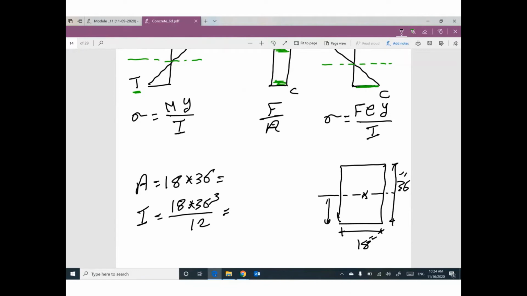That means the distance y here equal 18 inch and the distance y here equal 18 inch. Y for the bottom and y for the top. So these values, area 18 times 36 equal 648 inch square. 18 times 36 cube over 12 will be 69,984 inch to power 4.